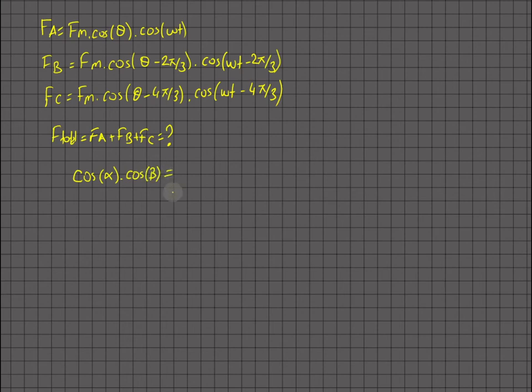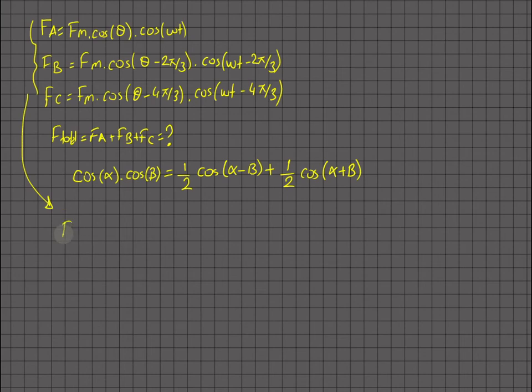For those who don't remember, the multiplication of these 2 cosines can be written as 1/2 of the difference of those cosines plus 1/2 of the addition of those 2. So I will write the same thing using that term.